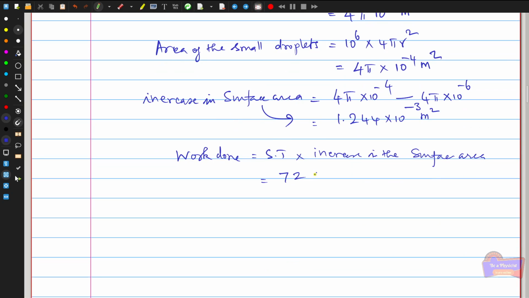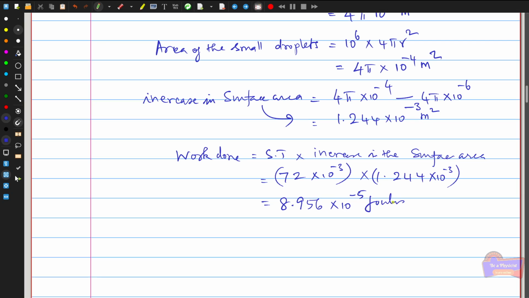So 72 into 10 power minus 3 into 1.244 into 10 power minus 3 is equal to 8.956 into 10 power minus 5 joules. That is the total work done in spraying a spherical drop of water with a radius of 1 millimeter into millions of droplets. This much work you have to do for this purpose.